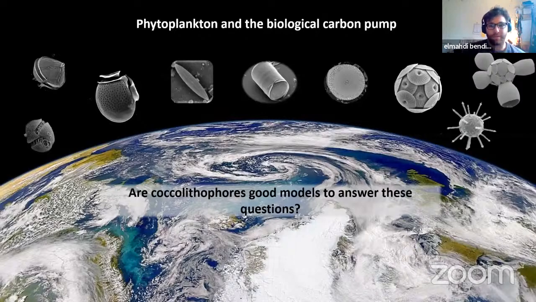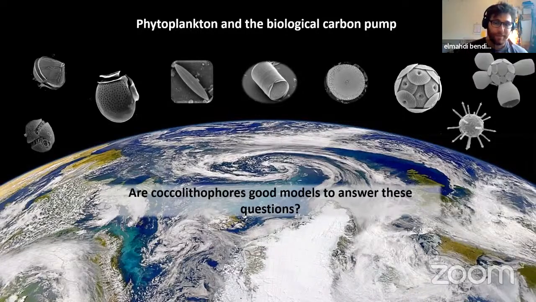Also, when we're talking about speciation in phytoplankton, when we think about most of the species that have been studied in the terrestrial realm, a lot of them have left a fossil record, and not a lot of phytoplankton have left such imprint in the sediments.